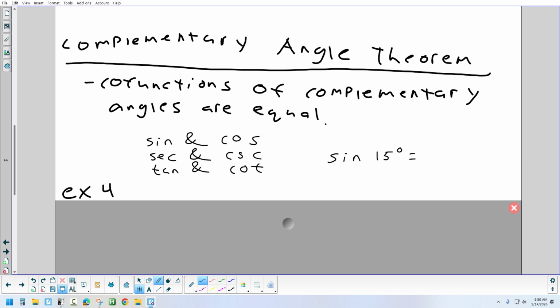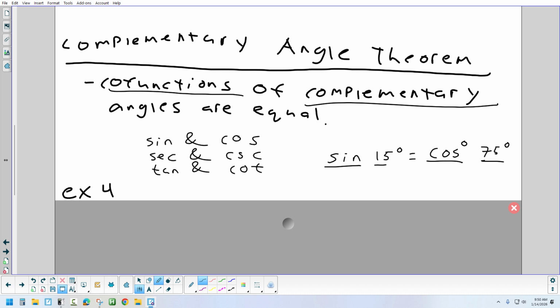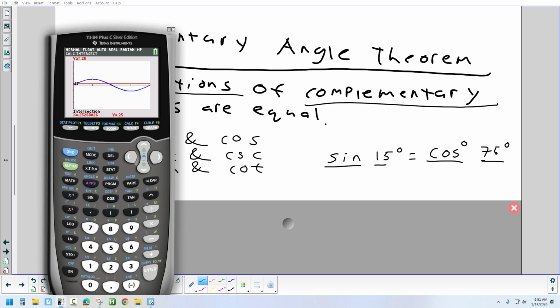Cosine of 75. So sine, cosine, co-functions. 15, 75, complementary. Because you have co-functions of complementary angles, they will come out the same. Sine 15, cosine 75.